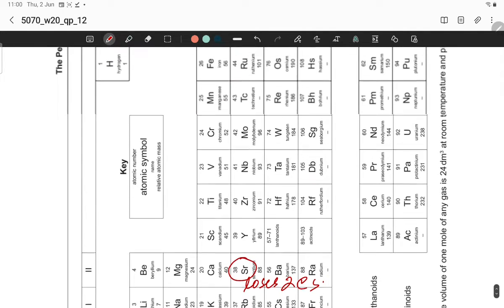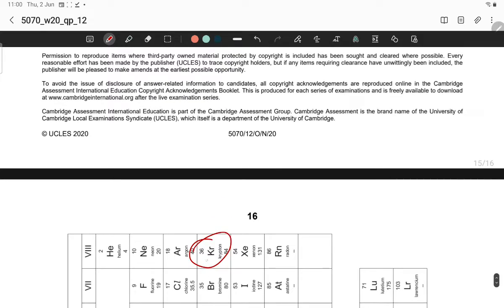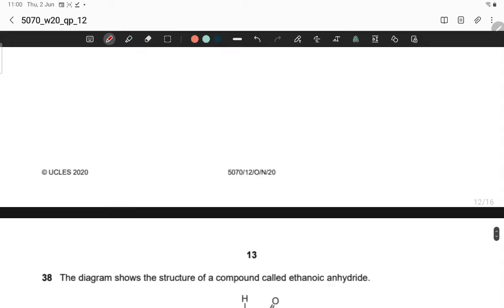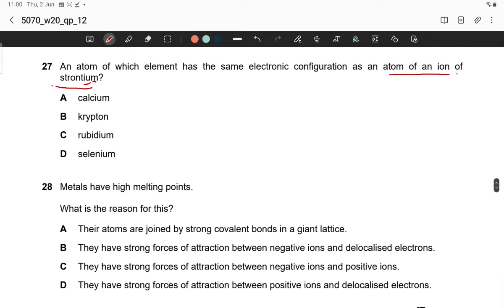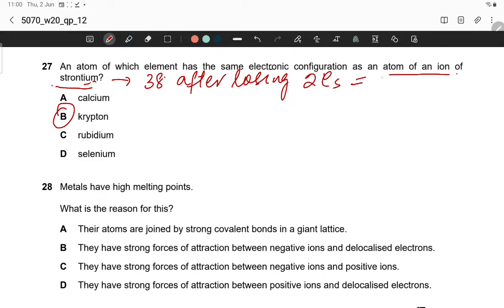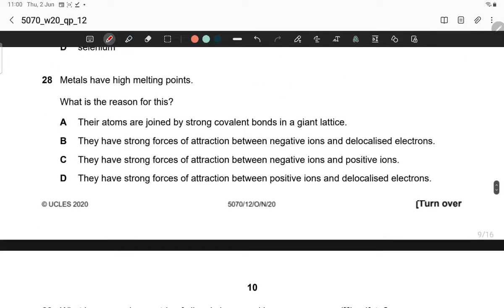After losing 2 electrons, its ion must be equal to krypton, which has proton number 36. So B option must be correct.